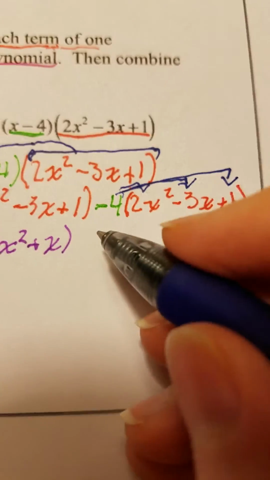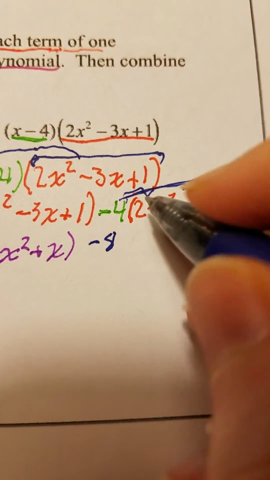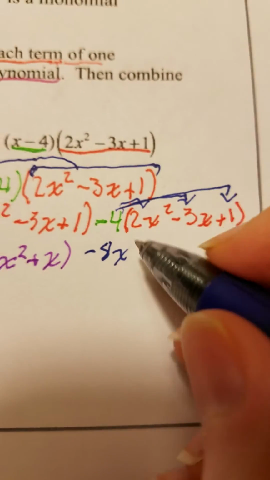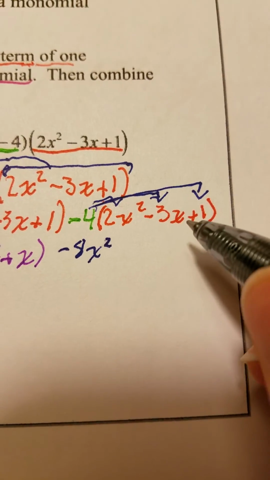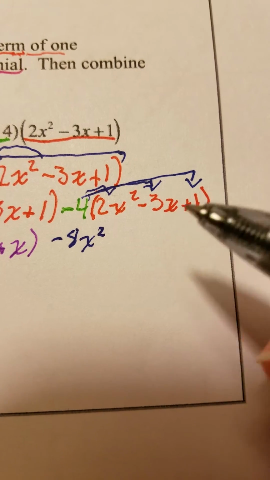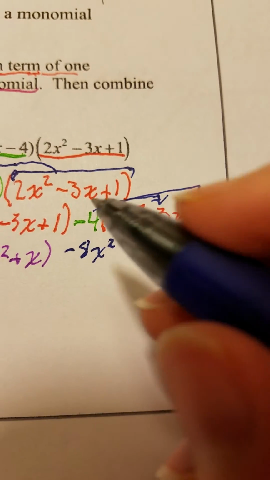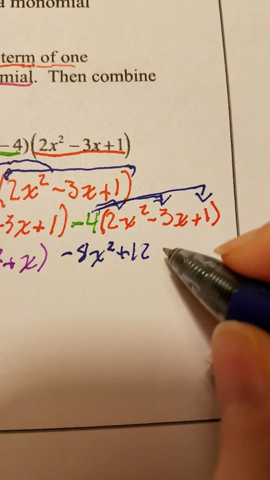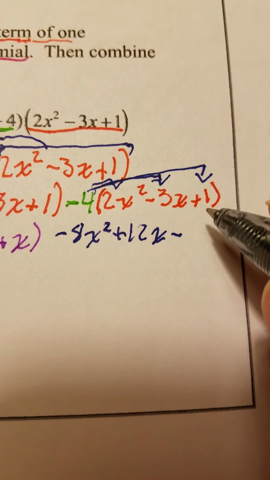Negative 4 times 2 is negative 8x squared, my bad, I apologize. Negative 4 times negative 3x would be positive 12x, because a negative times a negative equals positive. So positive 12x, negative 4 times 1.